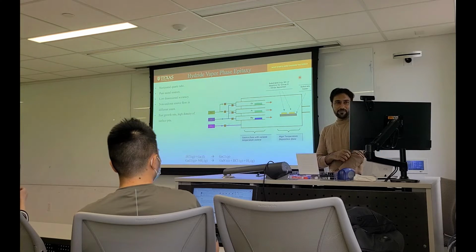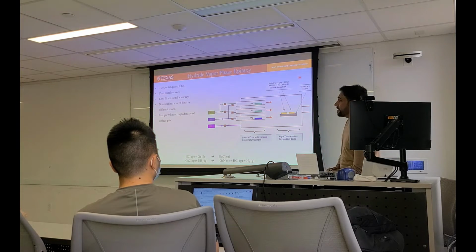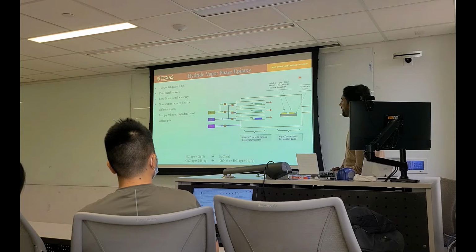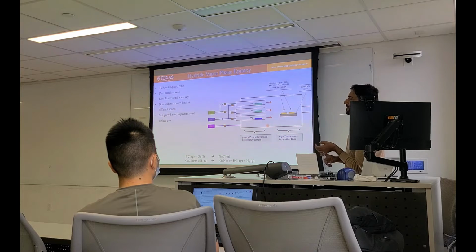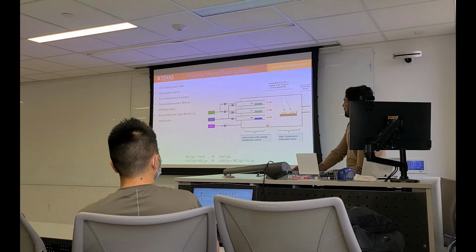So this is very brief introduction about HVPE. Most of the hydride vapor phase epitaxies, they have horizontal tube. Their sources, these are the precursors for gallium. Like they have pure metal source. Like you can imagine MBE. So in MBE you have crucible, you have pure metal, you just evaporate it with the E-beam. In this case, they control the temperature in these crucibles, and then they flow the gases.